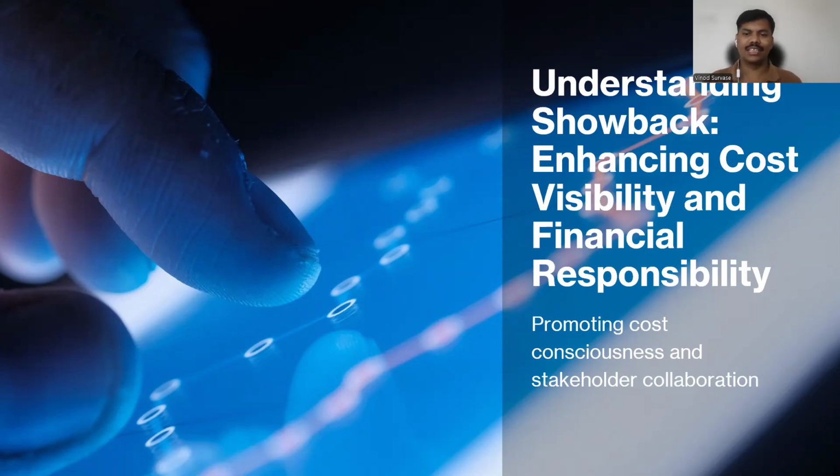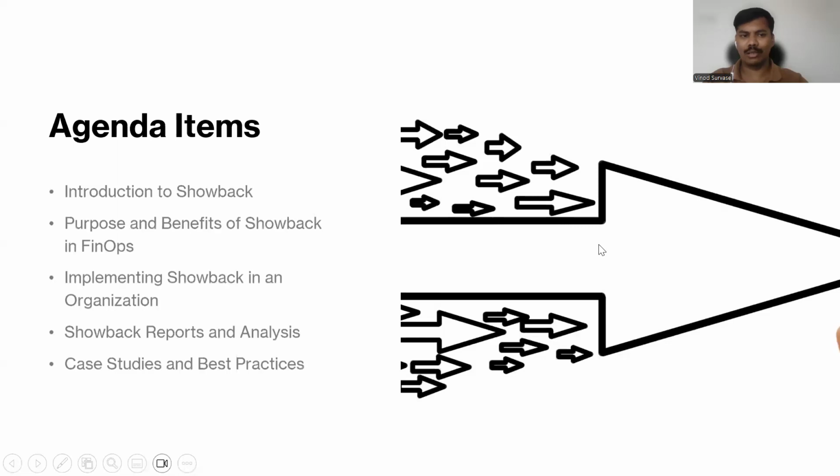What it does is promote cost consciousness as well as collaboration between stakeholders, between decision makers, between different departments, and overall across the organization, right? So this is how it is going to help us, right?